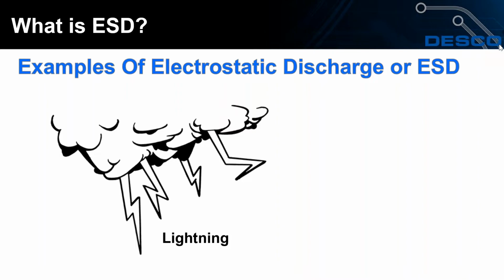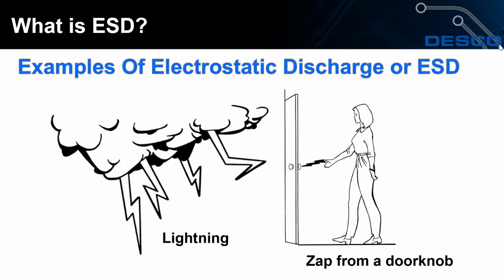Basically, to create an ESD event, I have to have a charged conductor and another conductor of opposite polarity make contact. So the positive ions in the cloud contact the negative ions, and boom, I have an ESD event. In this case, the positive charge, the lightning bolt, is looking for negative or earth, and that's why the lightning bolt comes to ground.